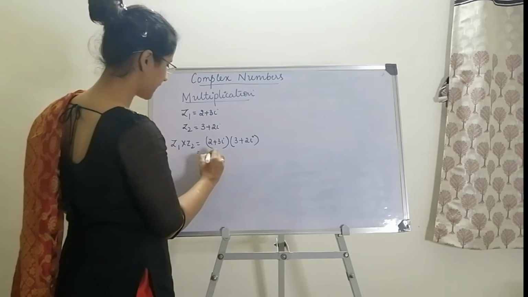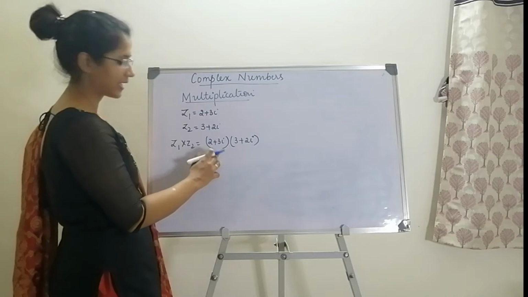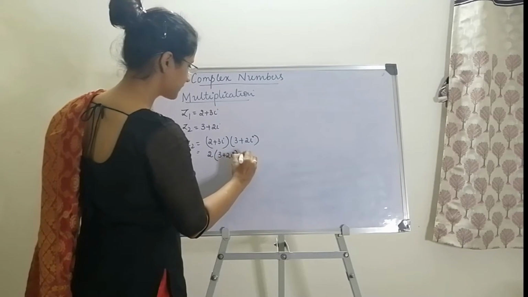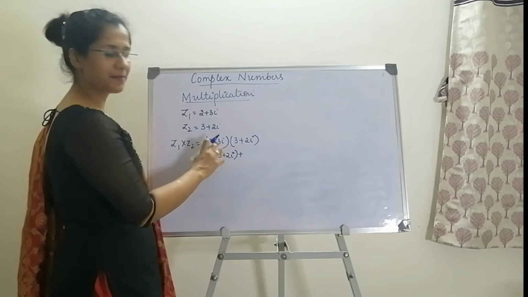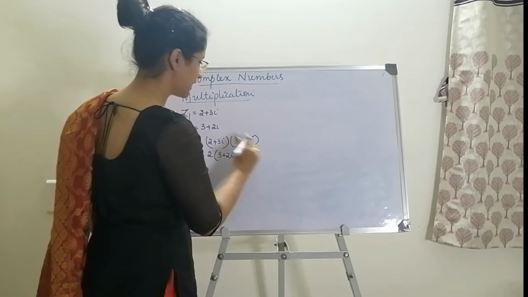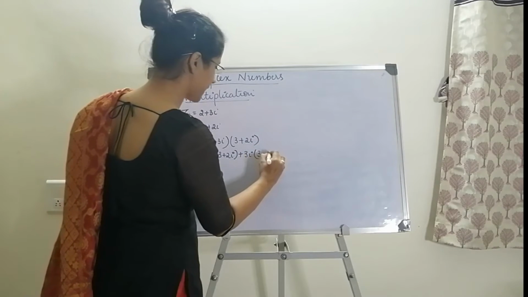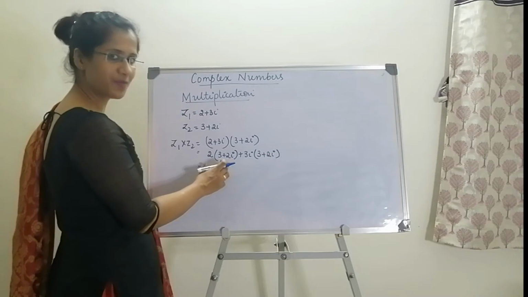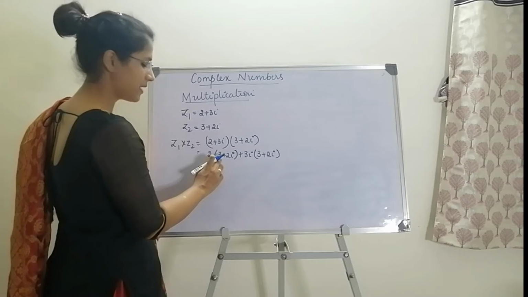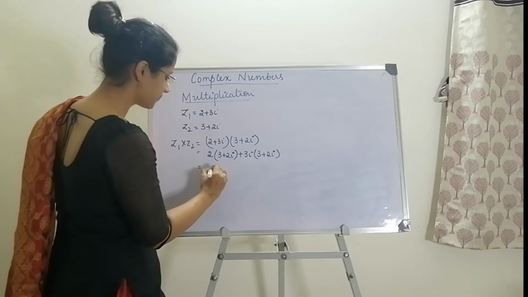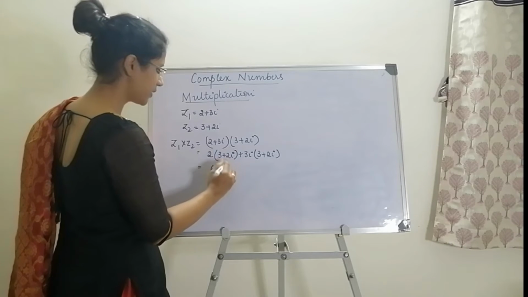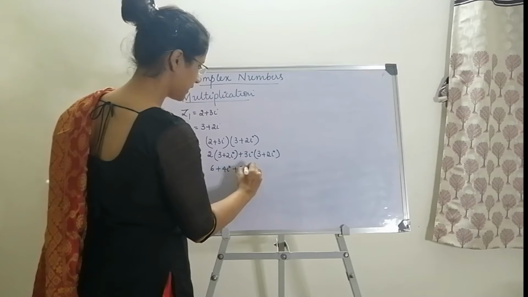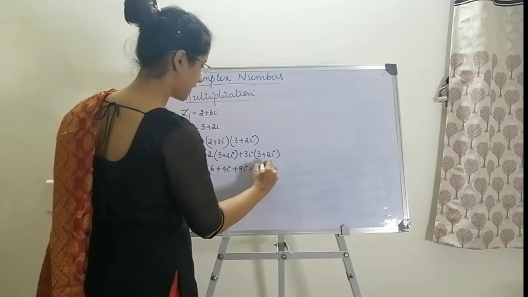First, I take the first element of the first bracket and multiply it with the second bracket entirely. Next, I take the second element of the first bracket and multiply it entirely with the second bracket. Now I start expanding the bracket, which means I start multiplying. 3 twos are 6, plus 2 into 2 gives 4i, plus 3 threes are 9i, plus 6i square.